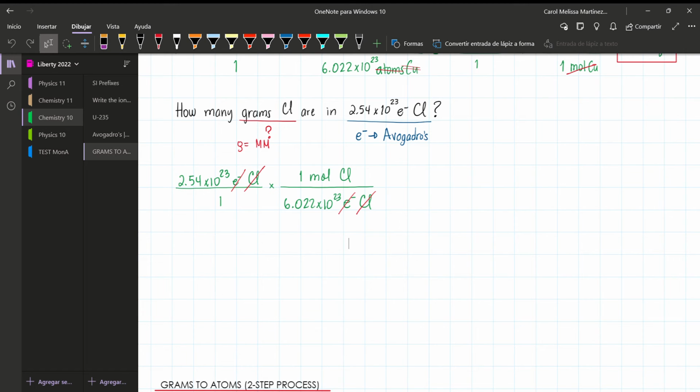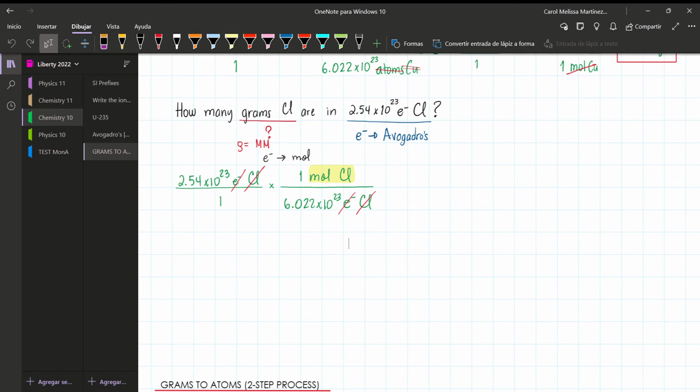Now, take a look at what I'm going to do now, for you to see that we can do this in one single procedure. Okay? I have moles of chlorine. The procedure that I just did here is from electrons to moles.